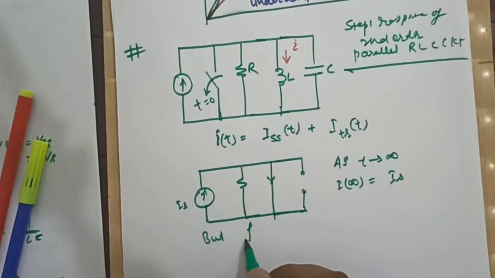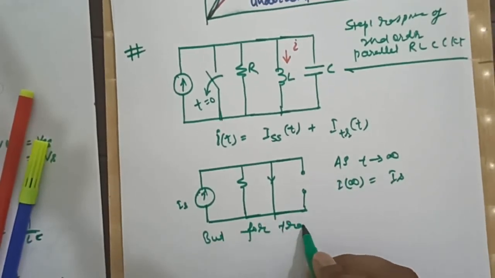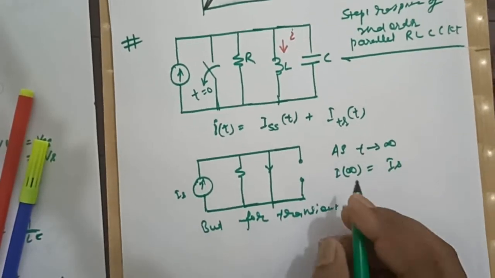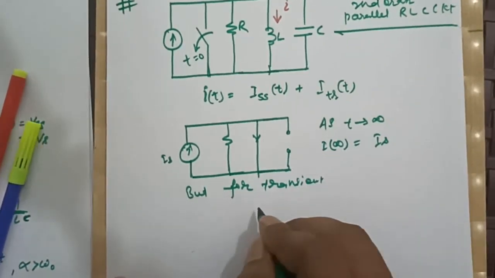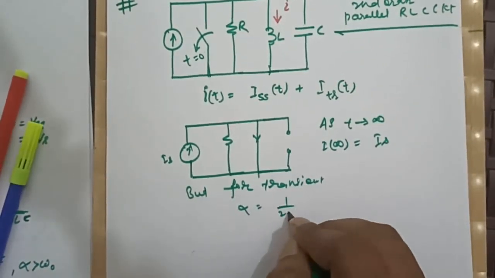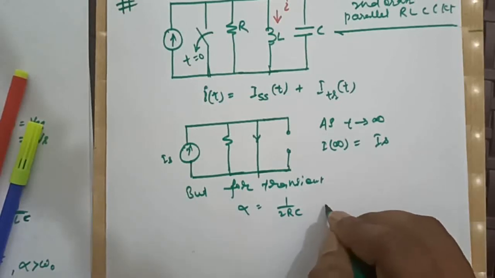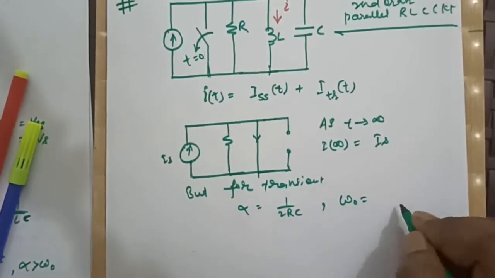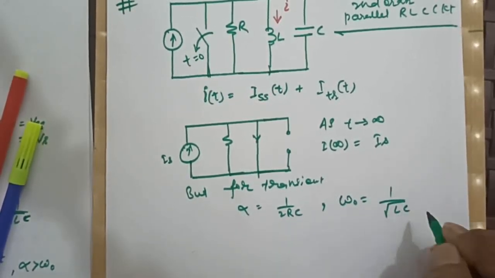But for the transient, our alpha will be 1 by 2RC and our omega naught will be 1 by root LC.